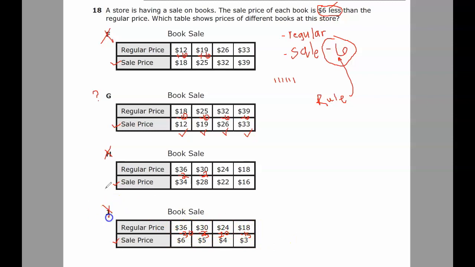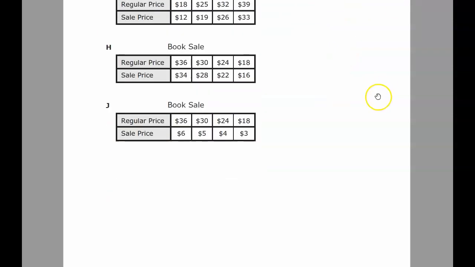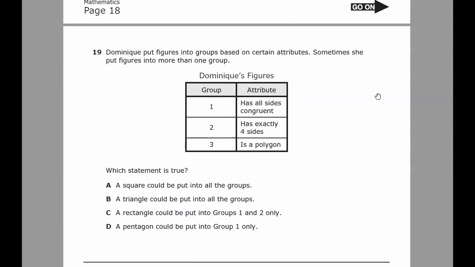So we know J is not our answer. So G is our answer because that's the only one that is subtracting 6, which is our rule. All right.